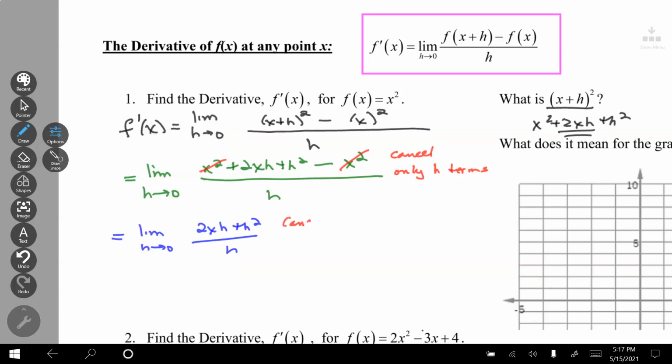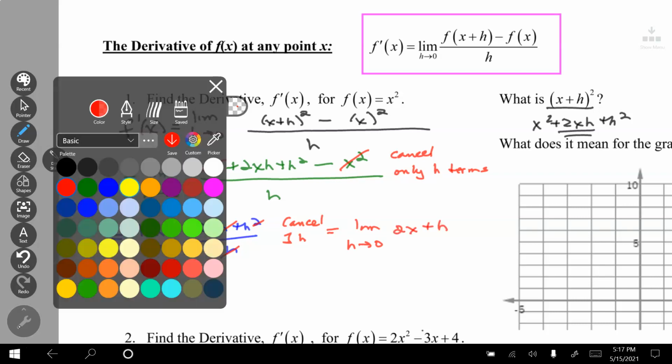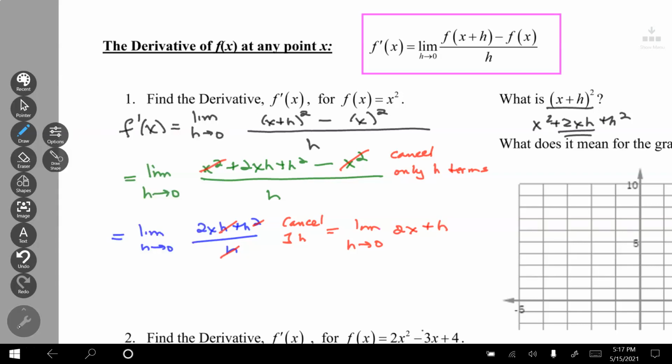And I can cancel 1 h everywhere. And I have right now the limit as h approaches 0 of 2x plus h. And we're used to getting this 2x plus h as my rate of change. I got one more step, and that's plugging in h equals 0. Well, that means this goes to 0. So the only thing left over is 2x, and I have to write it in this notation.